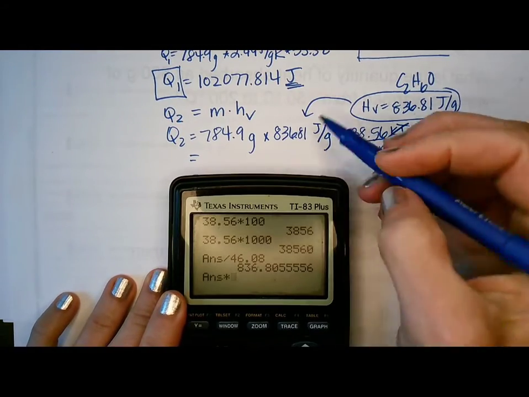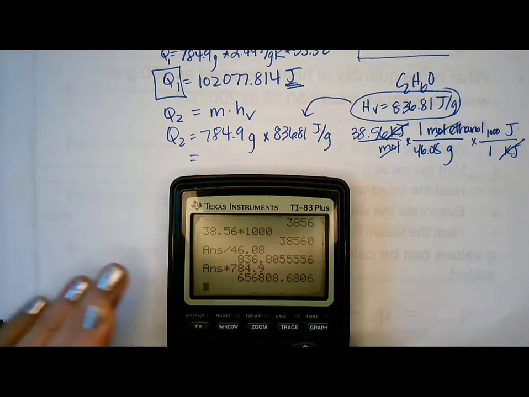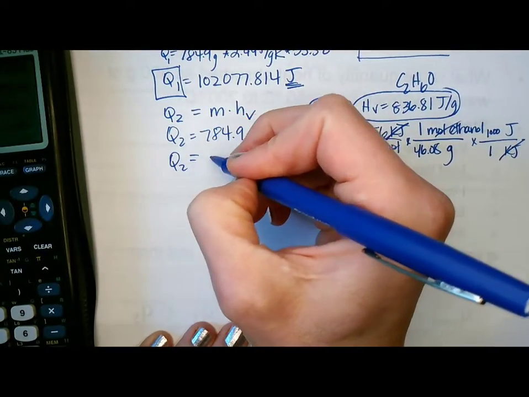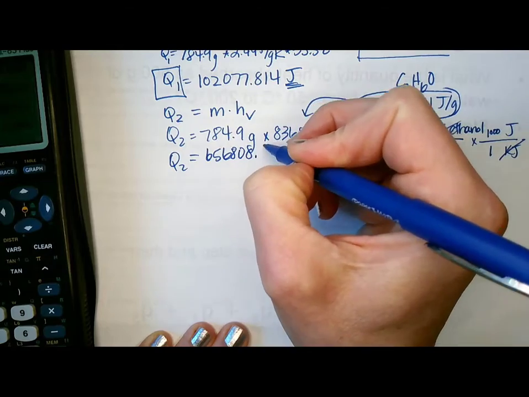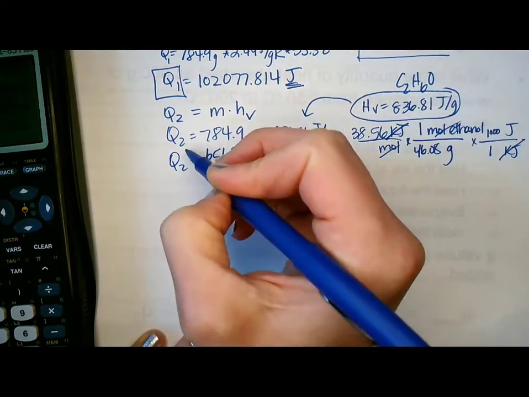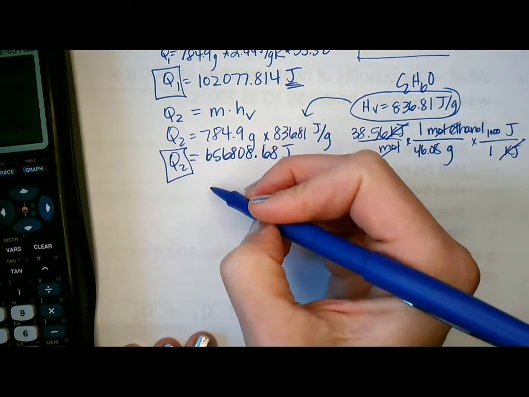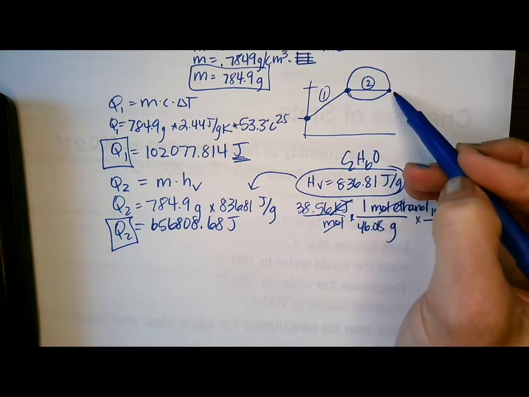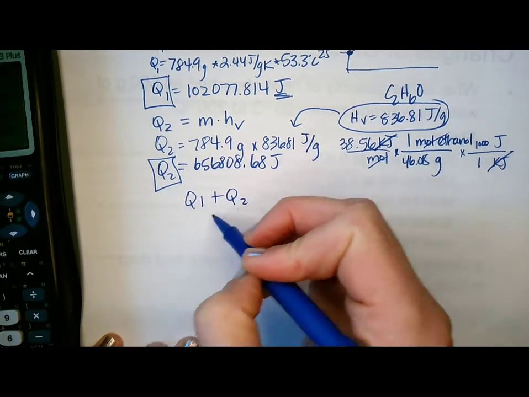Okay. So now we're going to do our mass times our heat of vaporization times 784.9 to get a big number. Our Q2 is 656,808.68 joules. And we know that to find our total heat for raising this temperature and then vaporizing it, we need to do Q1 plus Q2.